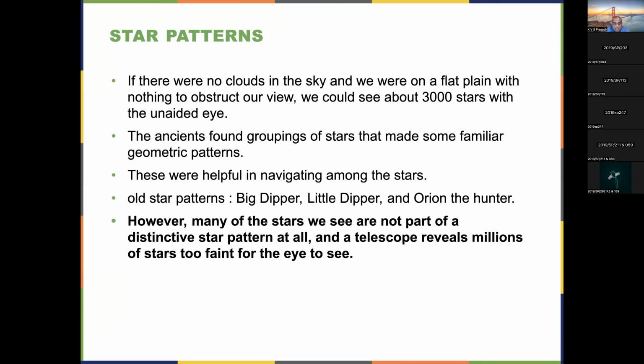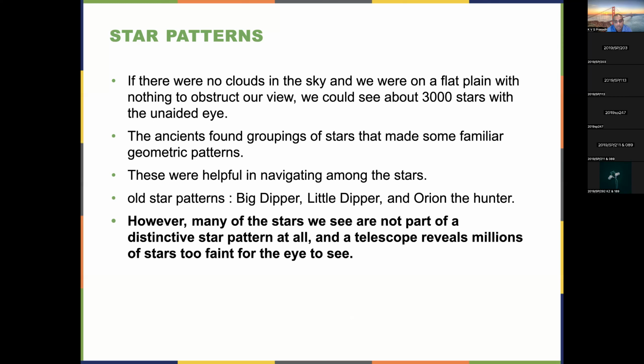Now, the ancients found groupings of stars that made some familiar geometric patterns. Right? From ancient times, these people had the ability to group the stars that they thought were located in a certain pattern. Sometimes it's an image of a bear or something like that.